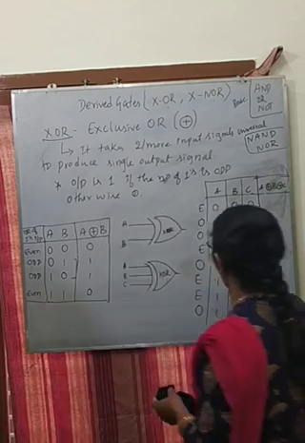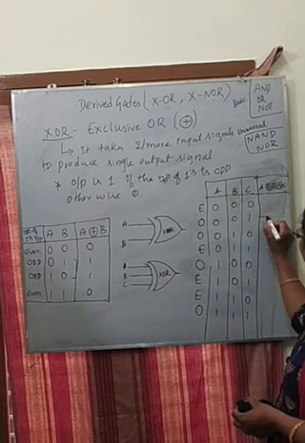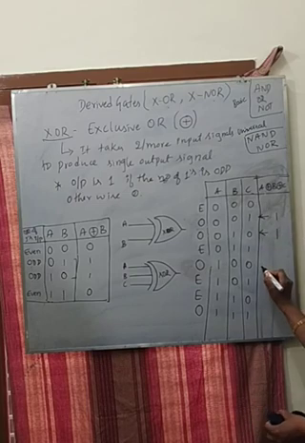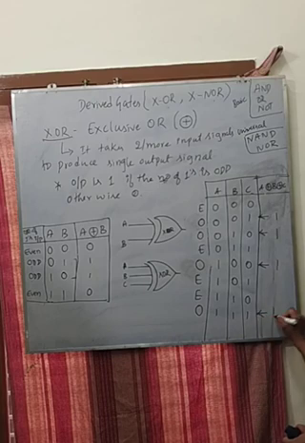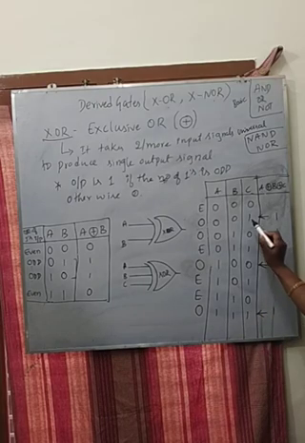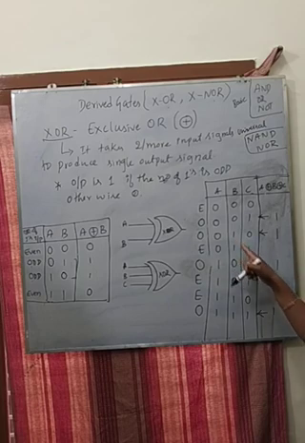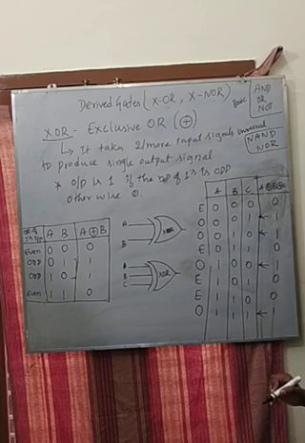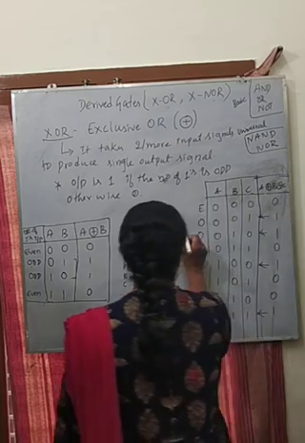Wherever the count is odd, the output is 1. Please notice here only one 1 is there, here 1 is there, here 3 is there. 3 is also an odd number. So wherever the count is even, the output is false. Hope you understood.